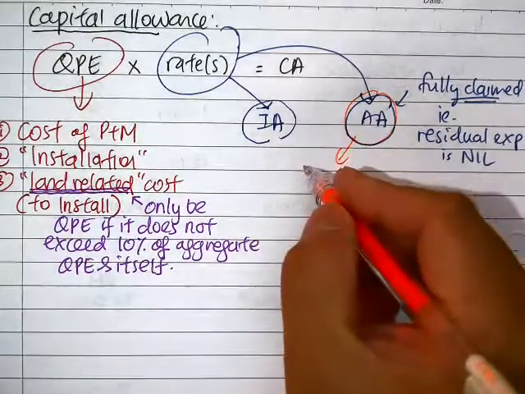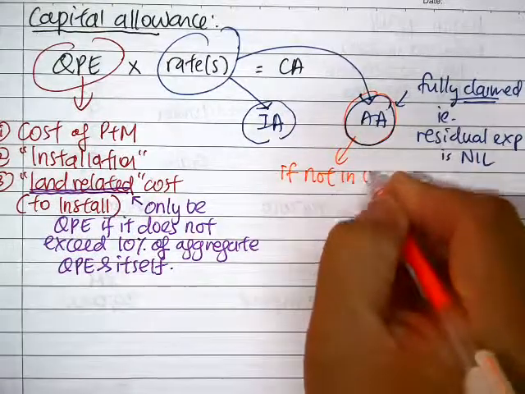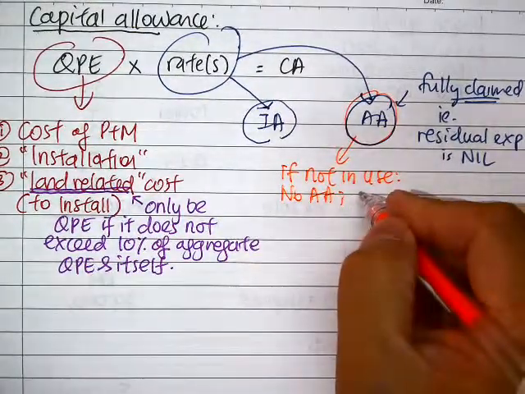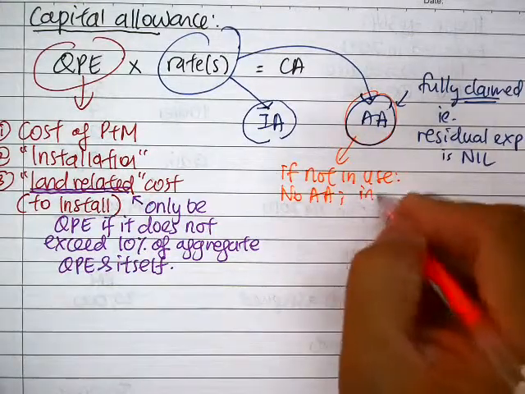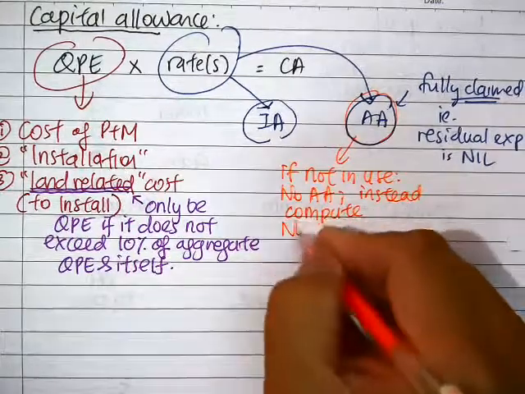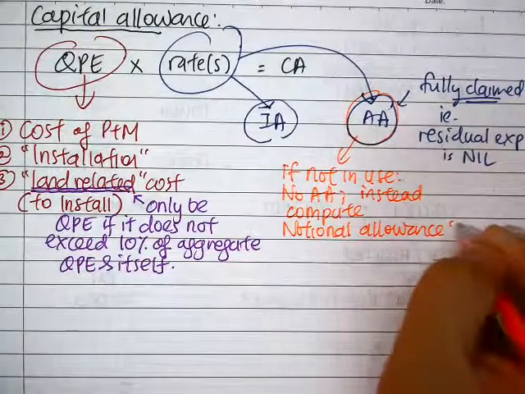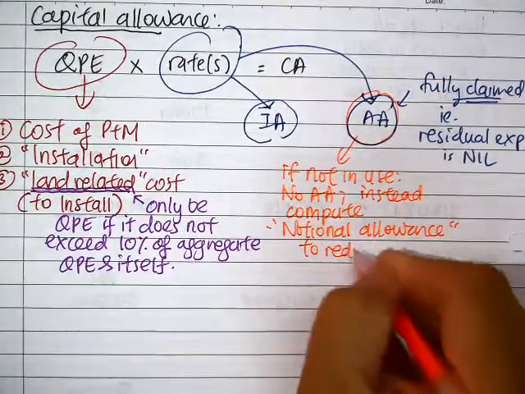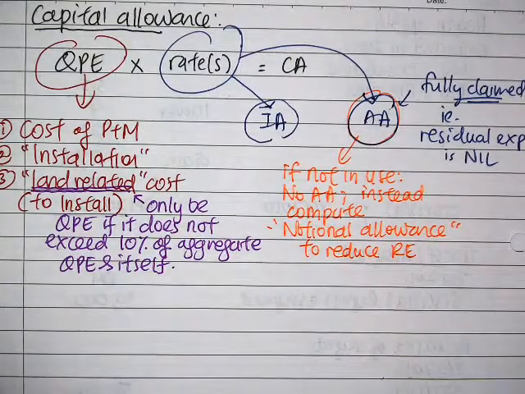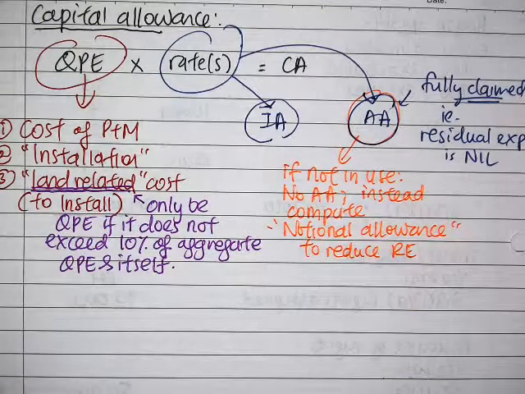If you have a particular year that the asset is not in use, you have no annual allowance. Instead, you need to compute what we call notional allowance to reduce your RE. Alright? You're going to use notional to reduce your RE.